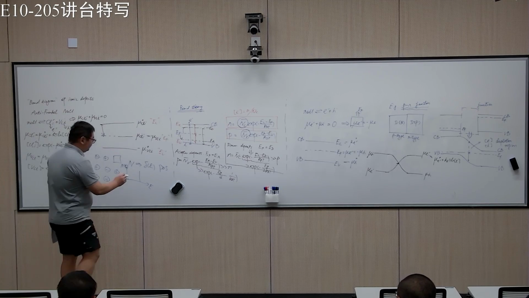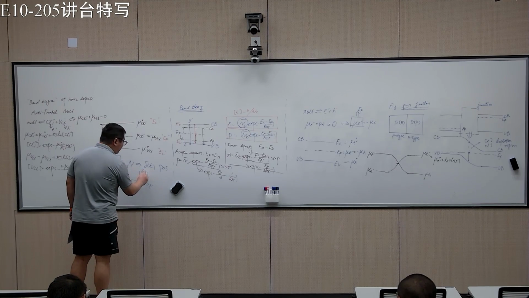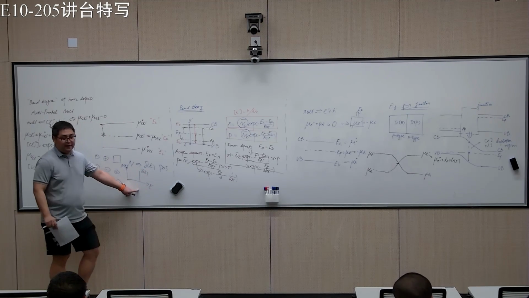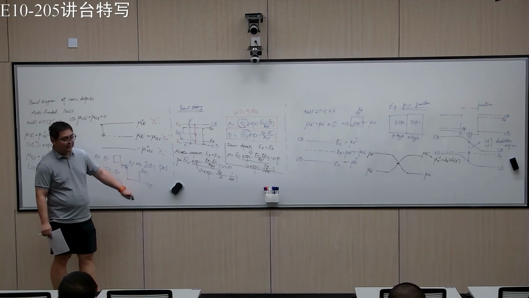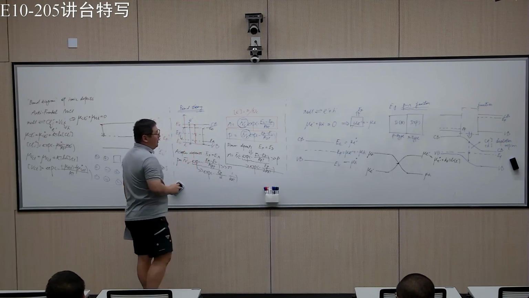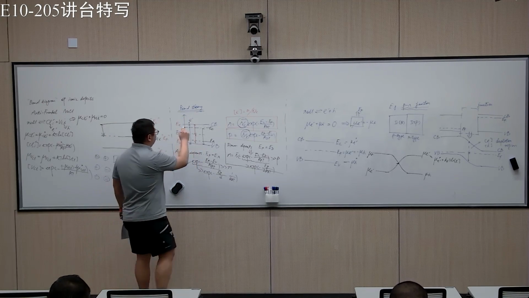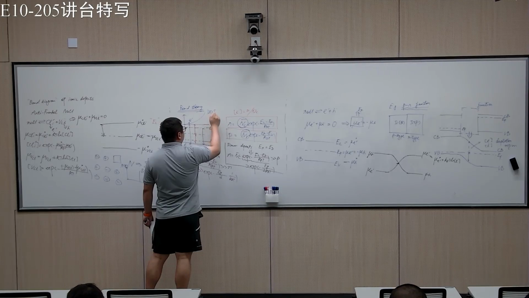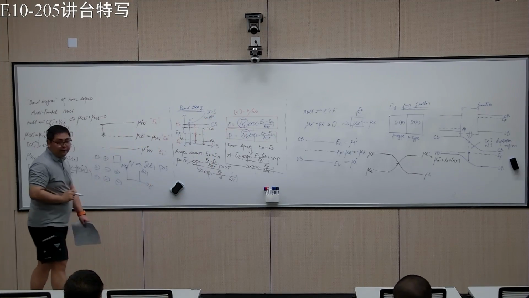All the density of states essentially have the same energy. However, here we know that the density of states looks like this, so basically this is proportional to the square root of the energy.